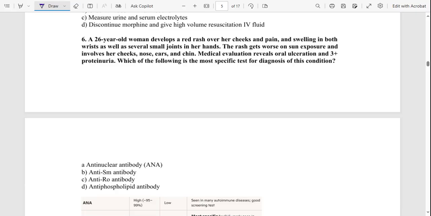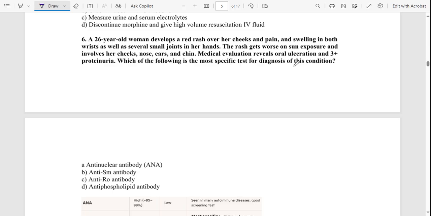And then the next question. A 26-year-old woman develops a red rash over her cheeks and pain and swelling in both wrists, as well as several small joints in her hands.